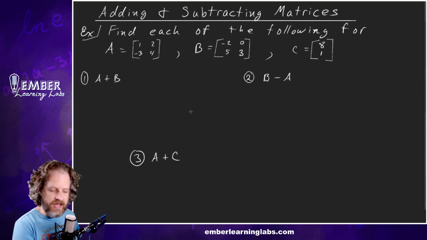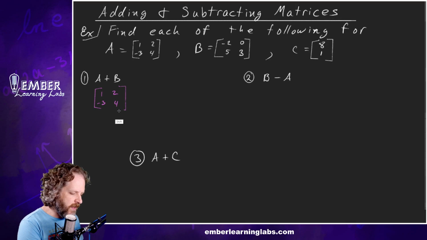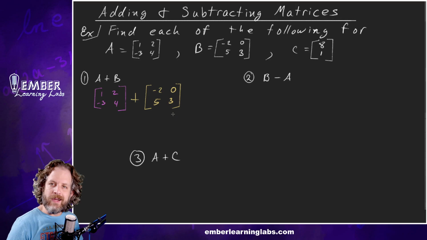Let's take a look at how we do this. It's really, really easy. To do A plus B, we're going to write it out in long form first. So A is 1, 2, -3, 4. And then B is -2, 0, 5, 3, right? So to add these, we just add them by each individual element.